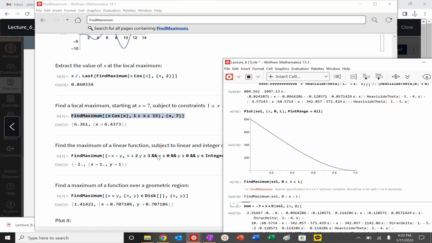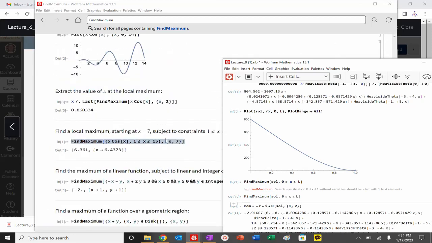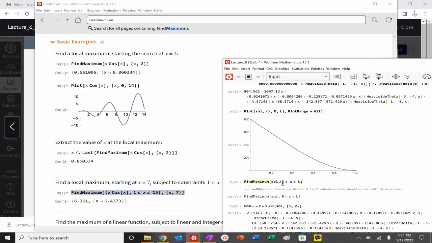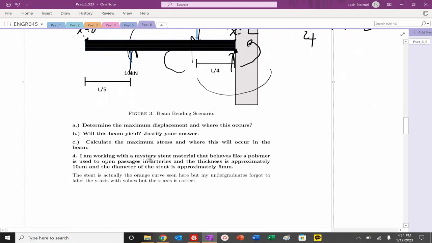It's not going to work. I could just do this quite easily, but I want to do it a little bit fancy. Let's just do starting x equals 0. And there you go. So that's the maximum displacement. We are good to go there, and that's where it occurs.